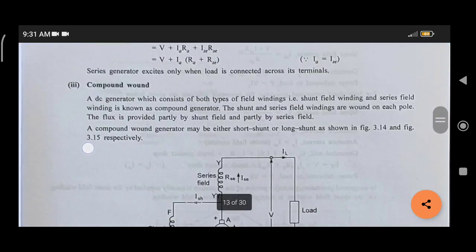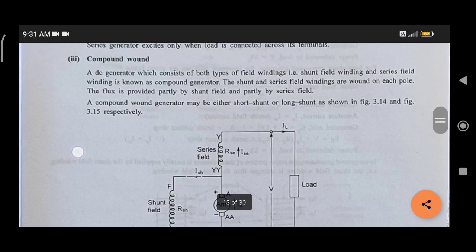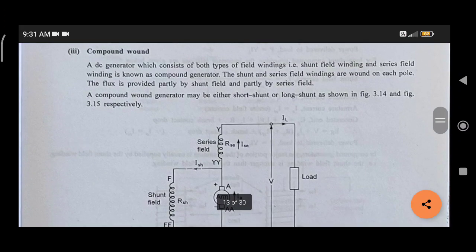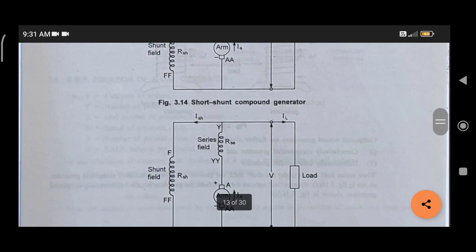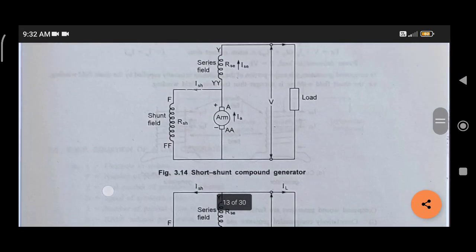And if we connect the field in two portions, one in shunt and one in series, then it becomes a compound wound machine. Here this is a short shunt and this is a long shunt. Why are we making this type of connection? Because each connection has its separate applications.